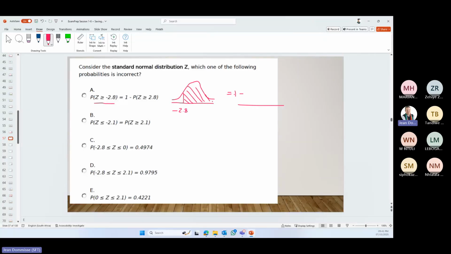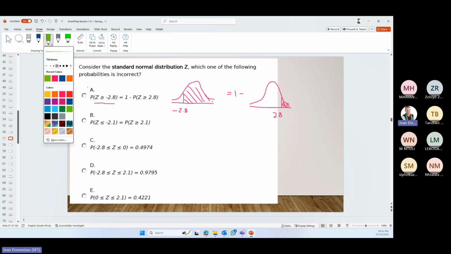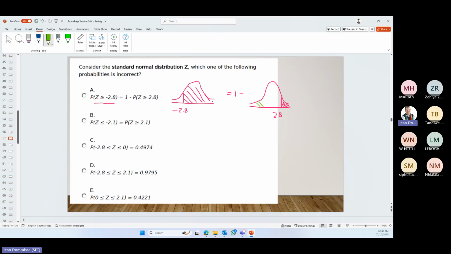And when they say, is this probability equal to 1 minus the probability of Z bigger or equal to 2.8? Okay, so there's the 2.8. If they say 1 minus this small probability, we are actually looking at this probability.